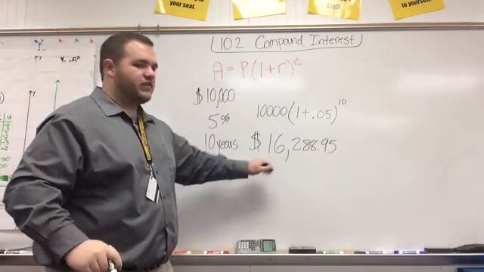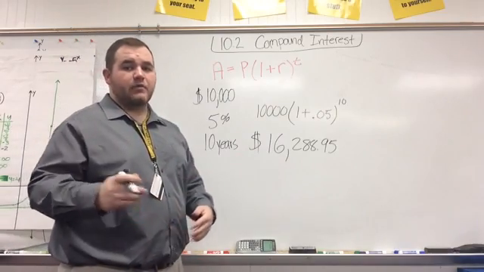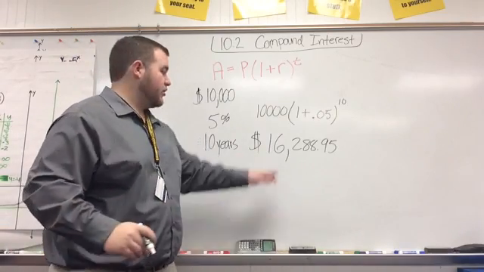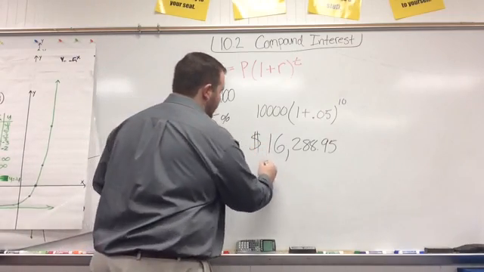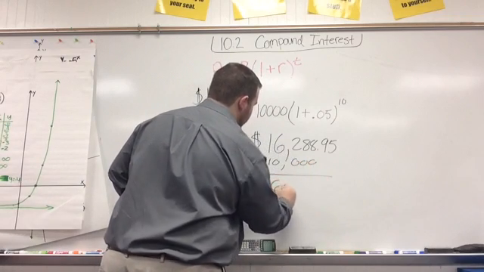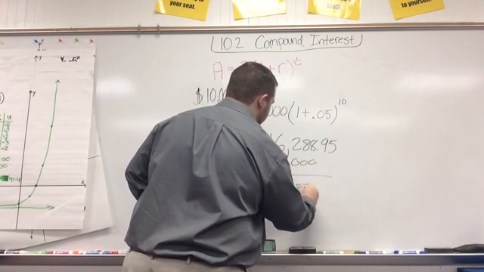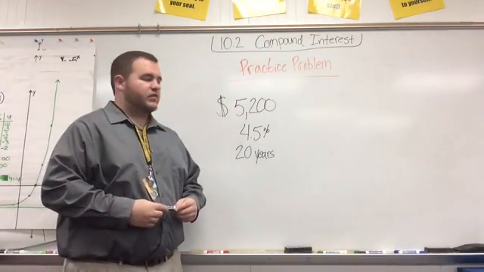And now remember, this amount is not the interest, it's the principal with the interest. So if the question asks how much compound interest do we get, we need to subtract out our principal once we get here. So we subtract out 10,000, we'll get $6,288.95.